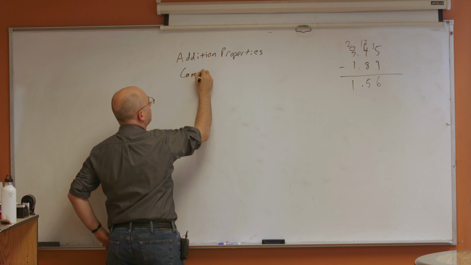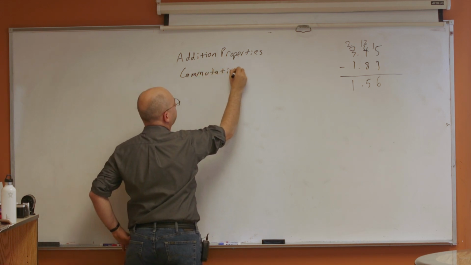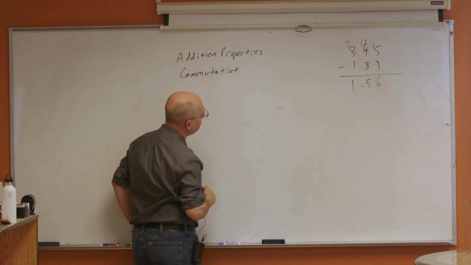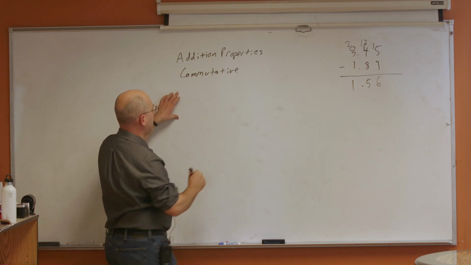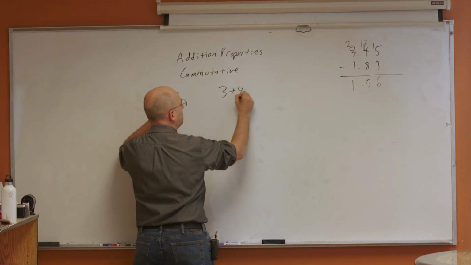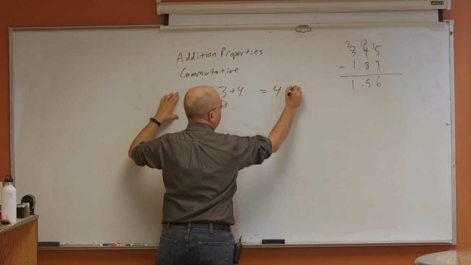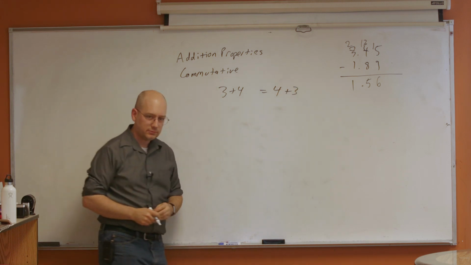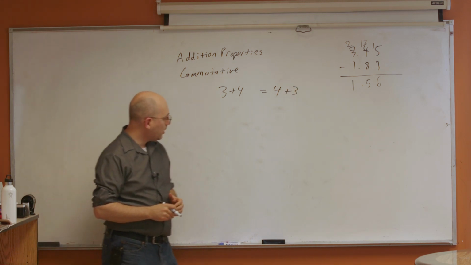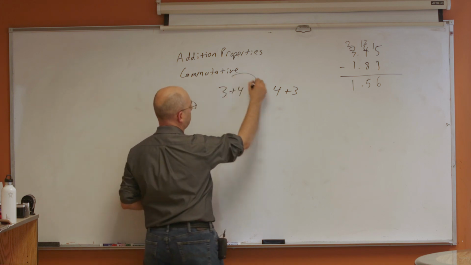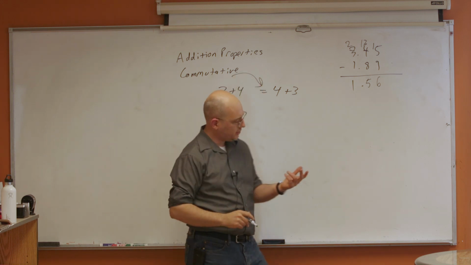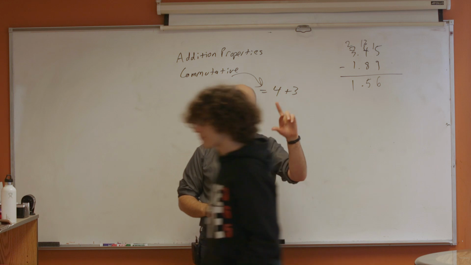There's what we call the commutative property. And that's basically saying that 3 plus 4 equals 4 plus 3. Right? That's what this is. That when adding two numbers, you can switch their place.